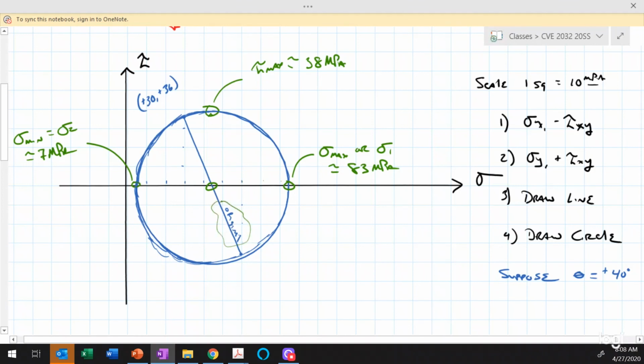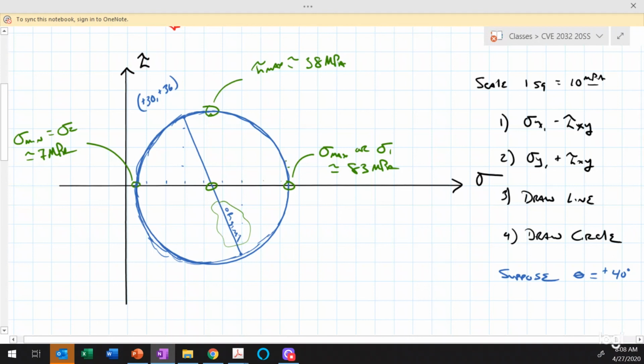So what we would want to do in that case is we would want to measure and strike a line that creates an angle at 2 times 40 degrees from that. So I can use my protractor here, and let's see, 2 times 40 degrees is 80 degrees. So that means that I would want a line that is right about there.